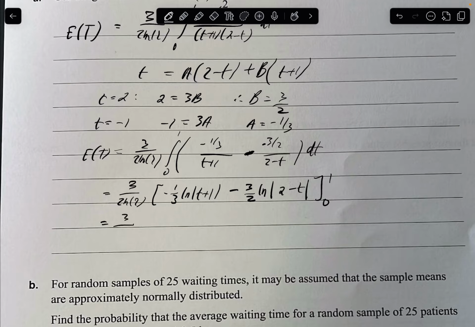If you plug in 1, you'll get -1/3 ln of 2. And then minus, you have ln of 1, which is 0. And if you subtract, that will be 0. And you'll have minus ln of 2.